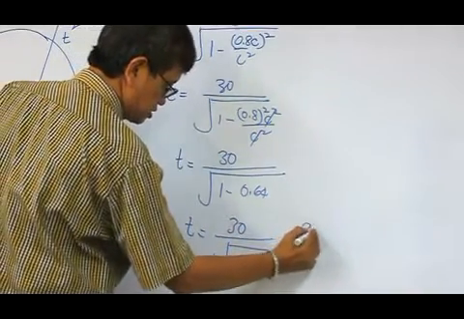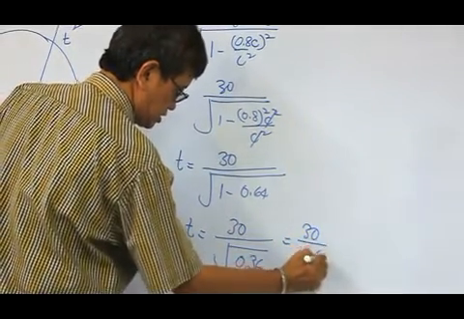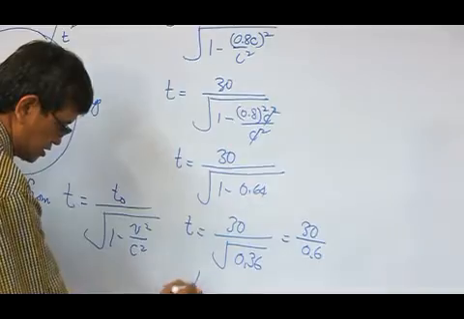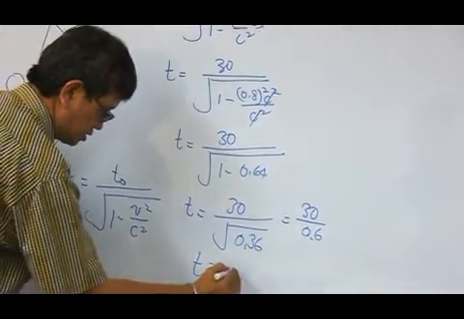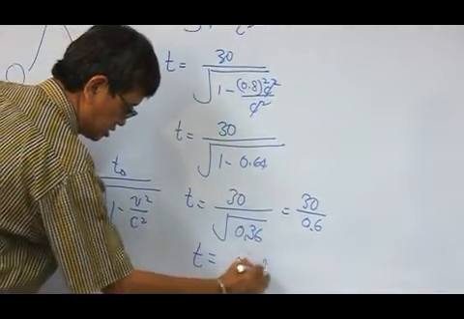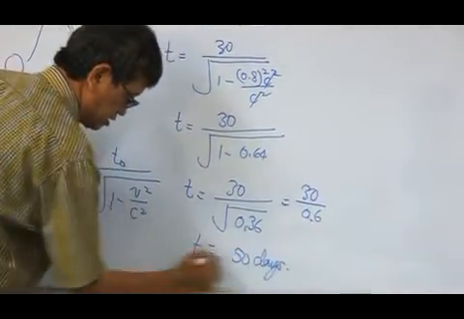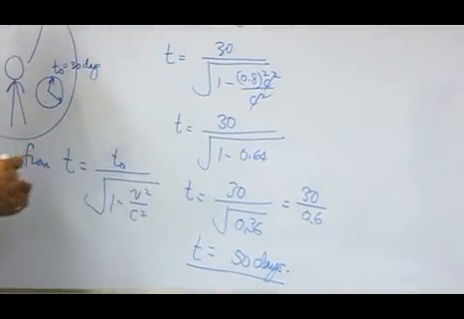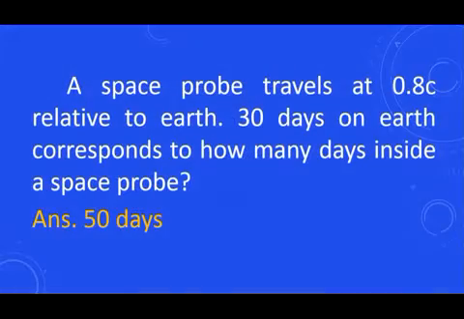So this becomes 30 over 0.6, and the resulting time recorded will be 50 days. So that shows that the clock recording the time when in space, traveling with a speed approximately equal to the speed of light, will record a time greater than the time recorded by the same clock as seen by the observer on Earth.